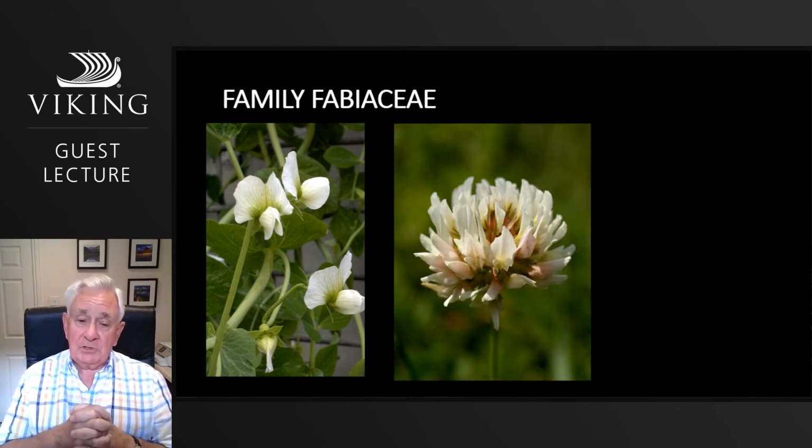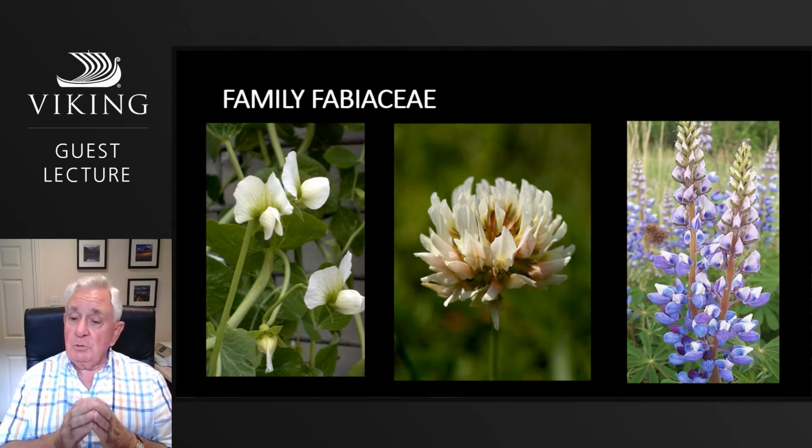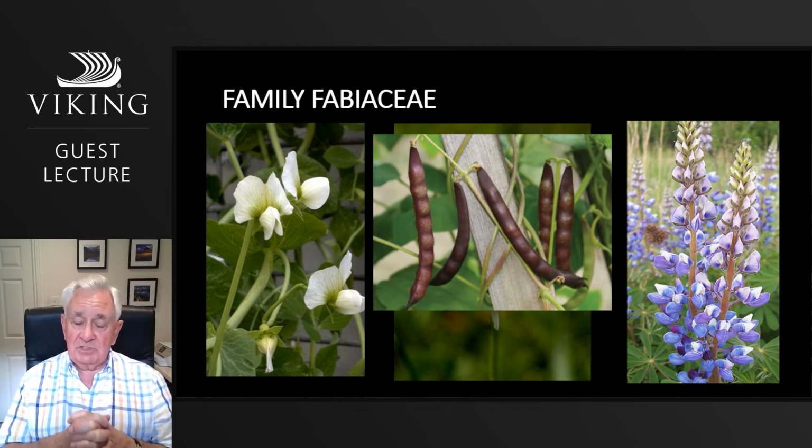You might not think so when you first look at the flowers, but on closer inspection, you'll see they're made up of lots of little pea flowers. And another plant that'll be familiar to most of you is a lupin. That too has pea-shaped flowers. And the other characteristic they all have is they have pods. These bean pods or pea pods. That's characteristic of the pea family.